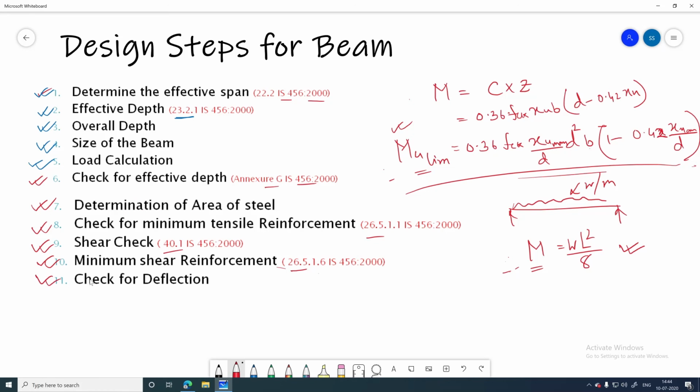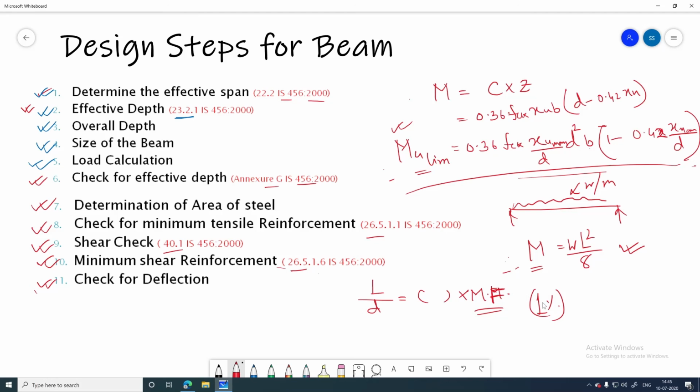Now the last one, that is the deflection check. Deflection check you already know, we have explained in point number 2, that is in clause 23.2.1 of the code. We have the L by d ratio, and we have multiplied it with the modification factor, right? Now initially when we determine this modification factor, we consider the percentage of steel as 1% for the beam, right?